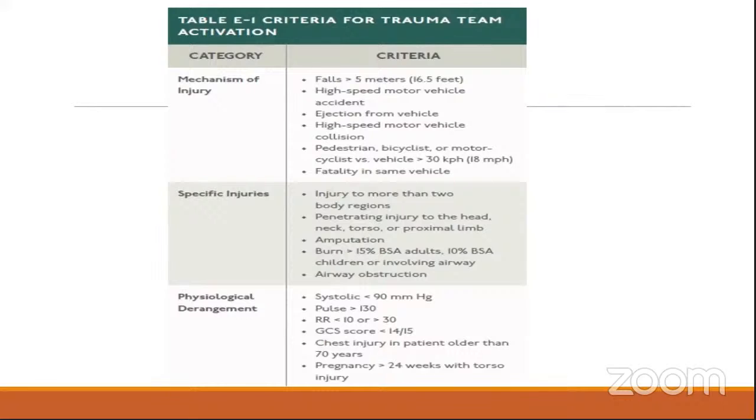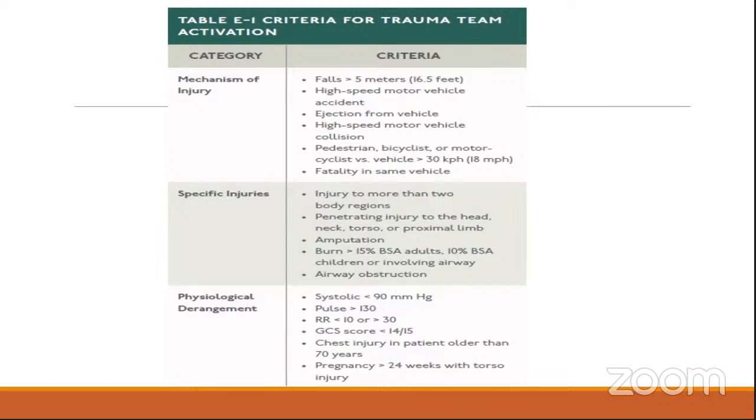Now, specific injuries: injury to more than 2 body regions, penetrating injury to the head, neck, torso, or proximal limbs, amputation, burns more than 50% in case of adult and 10% in case of children, or involving the airway, or if there is any airway obstruction.